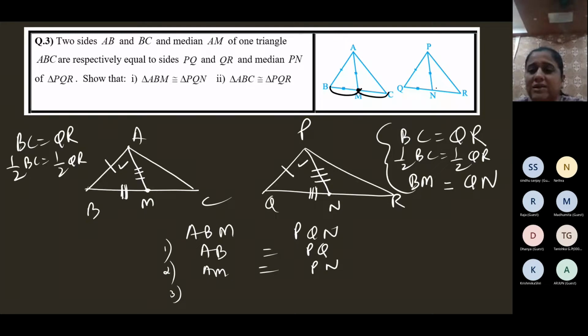And again here, PN is the median, N is the midpoint, so QN is equal to RN. Half of BC is BM and half of QR is QN, or half of BC is also CM and half of QR is also RN. But since we have to write information relevant to these two triangles, we'll write BM and QN. So that's the third information: BM is equal to QN.